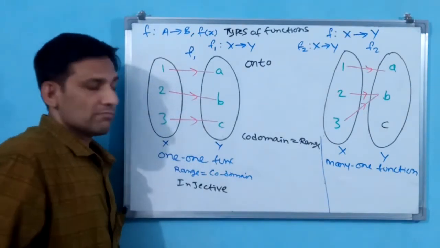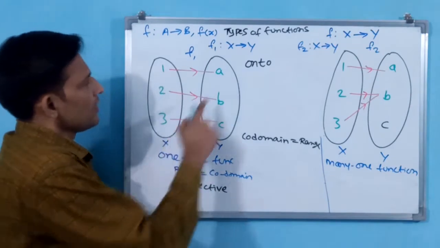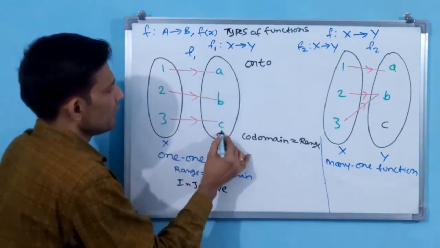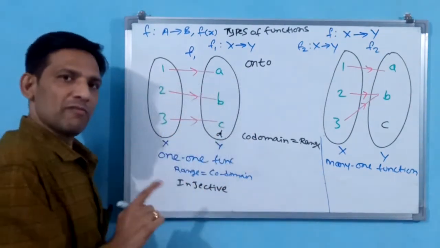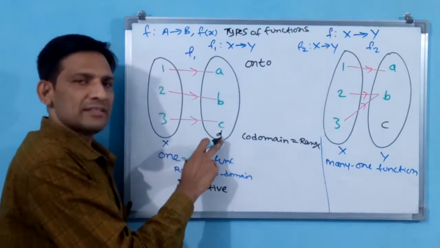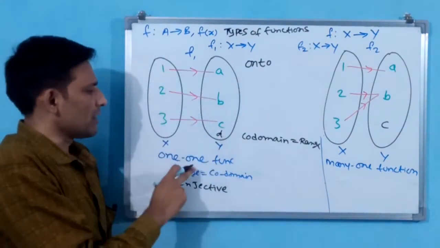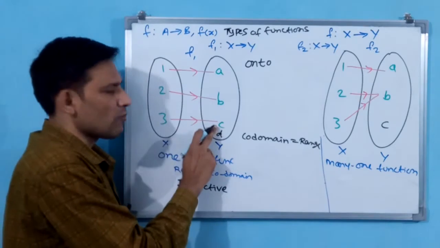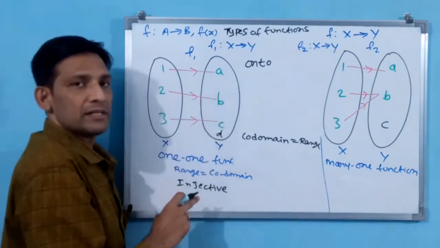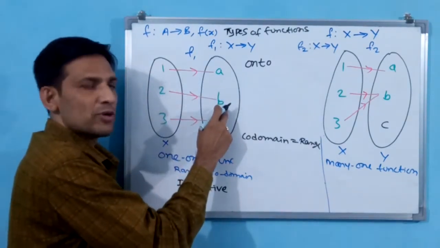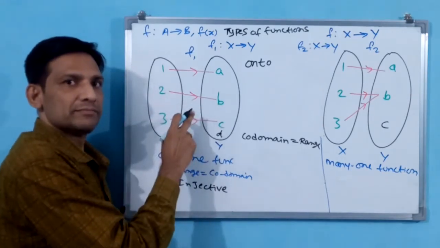Now we understood this one. See, without onto this, even if you write this D also, this is one-one function only. Why? Because see, this element doesn't matter for one-one. For one element there should be one image, okay, and each image should have only one pre-image.